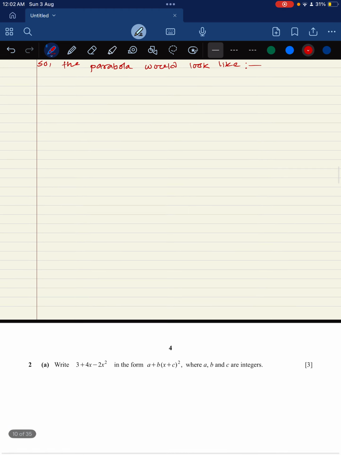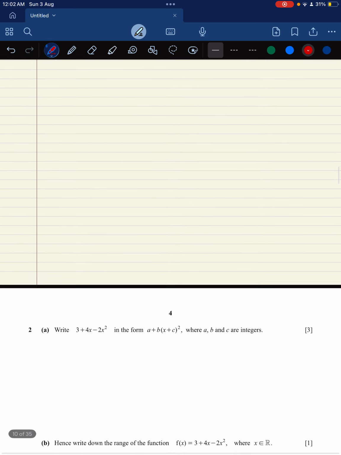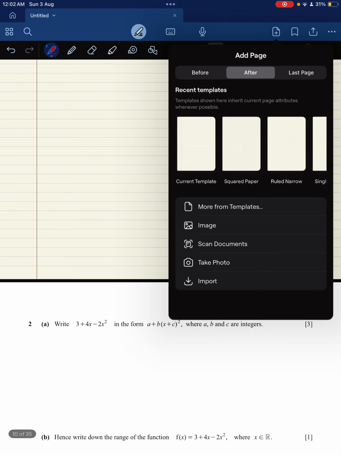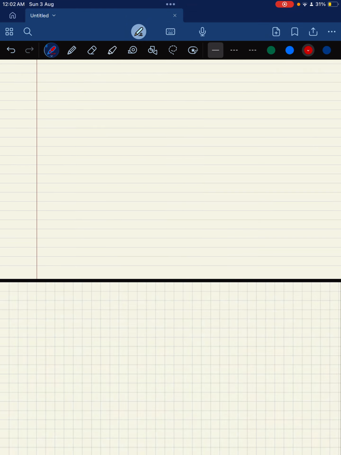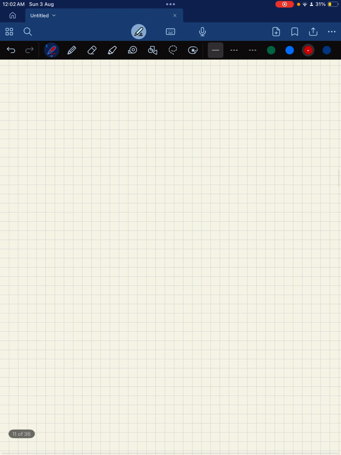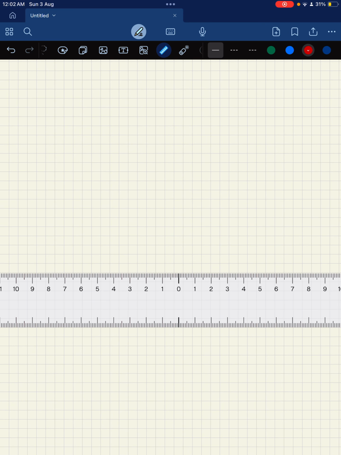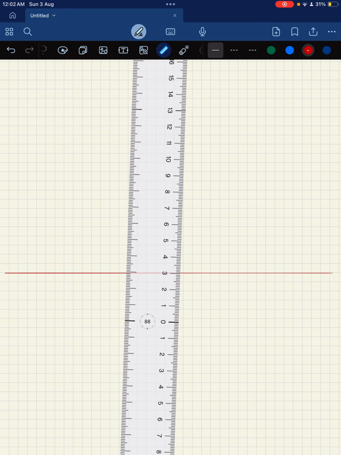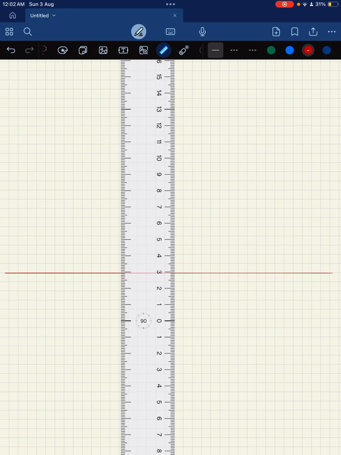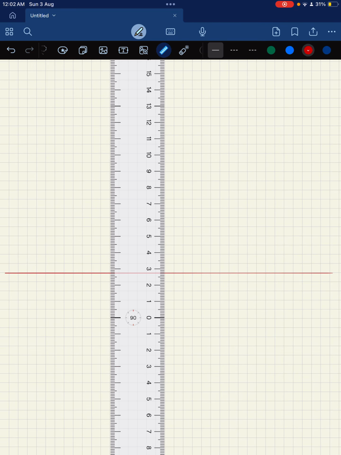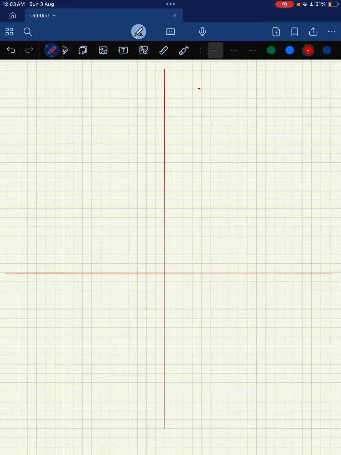Okay, if I can add a square paper, I can show it very easily. So what is the vertex? The vertex is -2, 5.